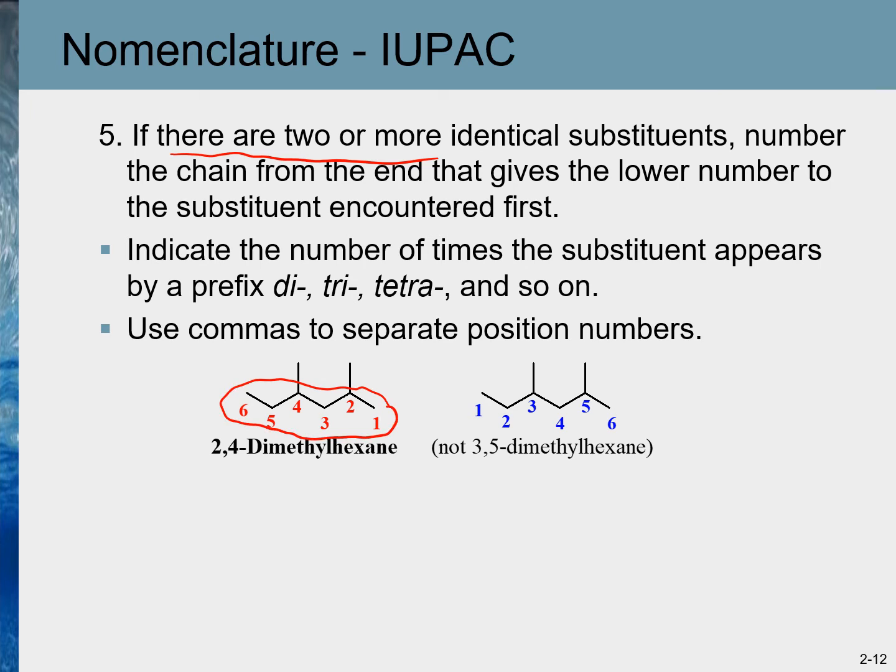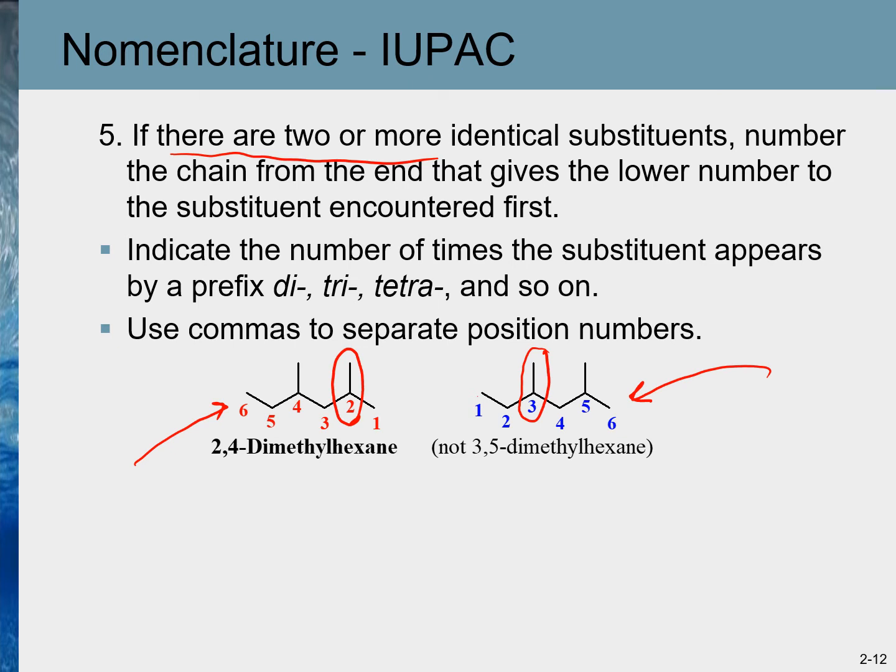Now we can either number from left hand side or from right hand side. If we number from left hand side, our first substituent is encountered at number 3. And if we number from right hand side, then our first substituent is encountered at number 2.